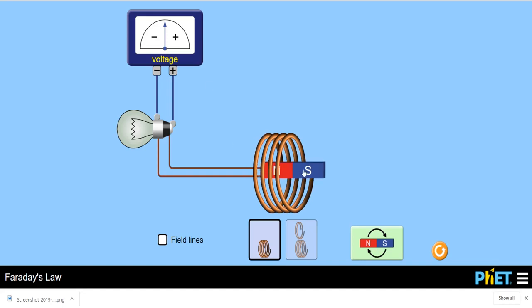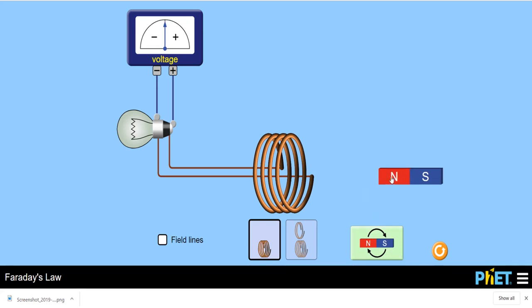Now we were seeing the direction of the deflection. Observe it carefully. Here it is the north pole towards it. I can change it from this side and put the south pole at this side, but let's again put the north pole on this side. Now observe it.